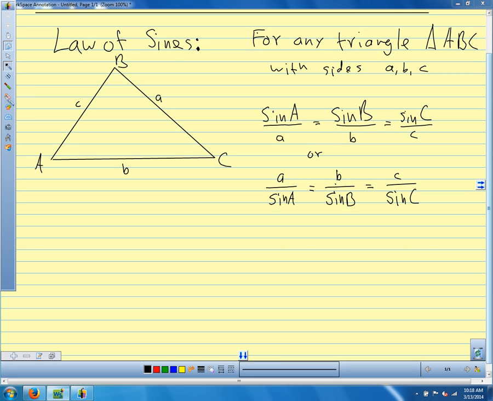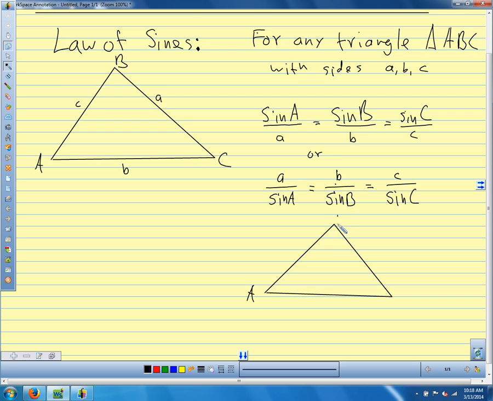And just really quickly, where the law of sines comes from. It looks like it's tricky, it looks complicated. It's really easy. I'm just going to give you an idea of what we're going to do here.